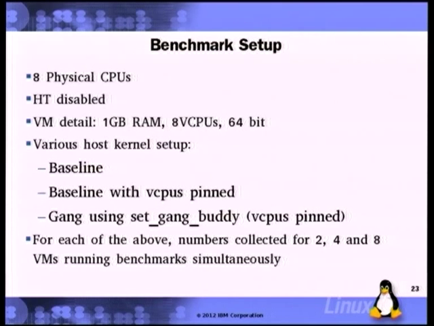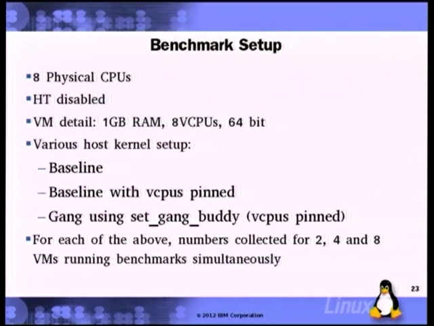We collected numbers for 3 different configurations: baseline, baseline plus the vCPUs pinned, and gang scheduling with the new scheduler hint. The baseline plus pinned is collected to see what the implications of pinning are with respect to gang scheduling.